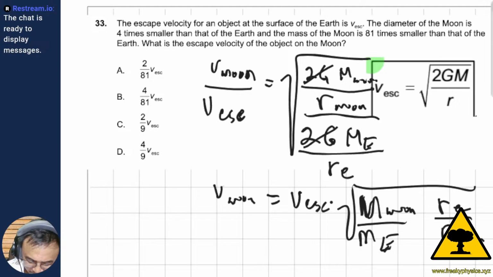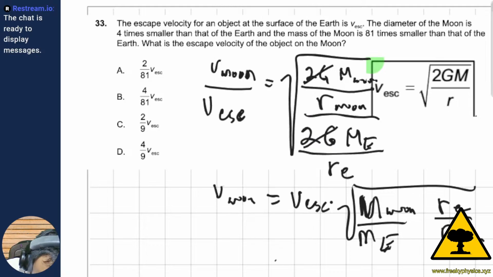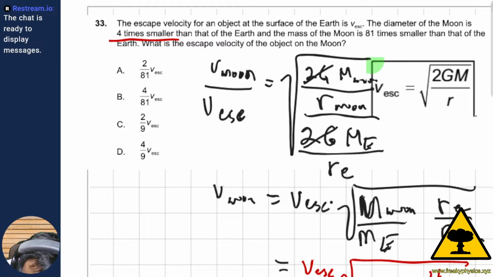The beauty here is we don't need to know what these masses are because we are given the values. The diameter is 4 times smaller, which also means the radius is 4 times smaller. So this is V escape times the square root of 4 over 1 for this part, and 1 over 81 for this part.